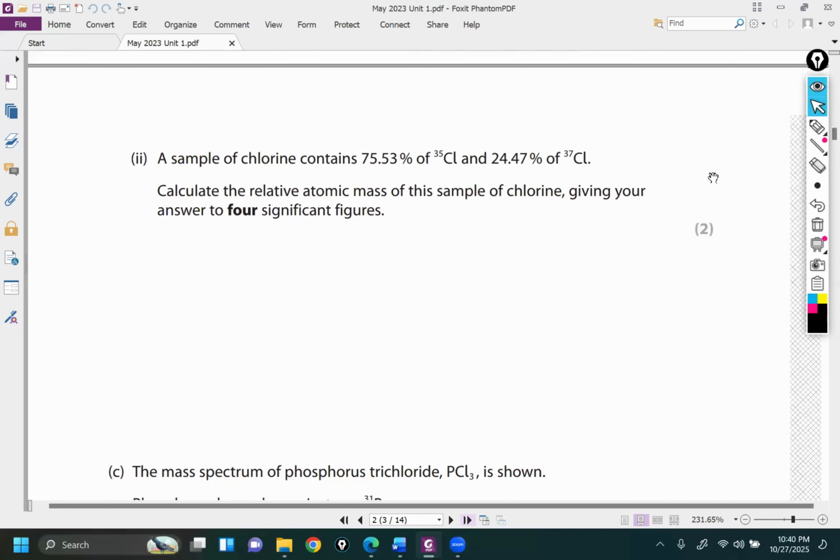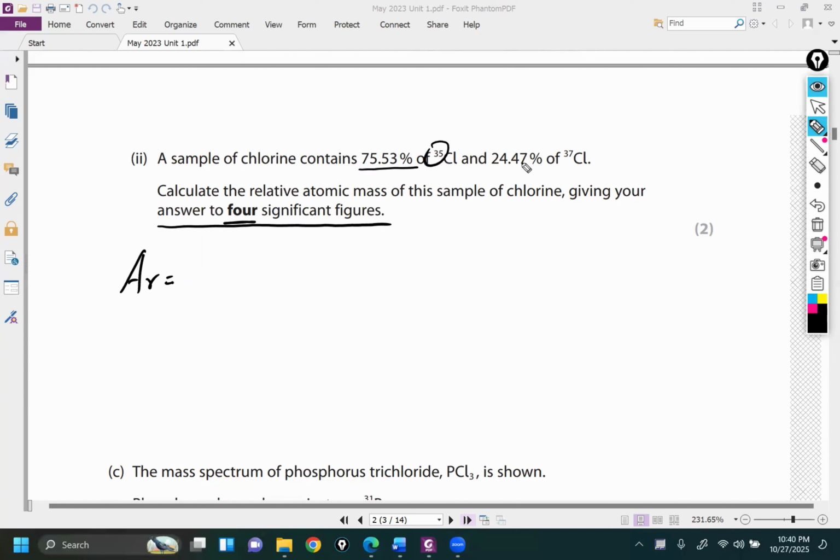In this section, we are going to calculate the relative atomic mass. Again, it's an easy question, but the direction given in the question is that we have to calculate the answer to 4 significant figures, and they give 4 in bold, so you must comply with this. Now, to calculate the relative atomic mass, this is the abundance percentage, and this is the mass number.